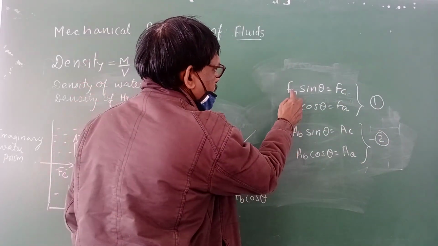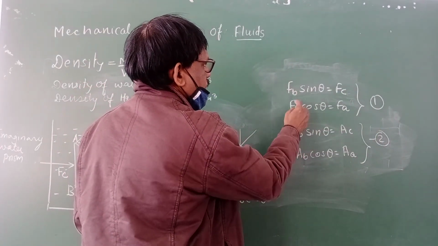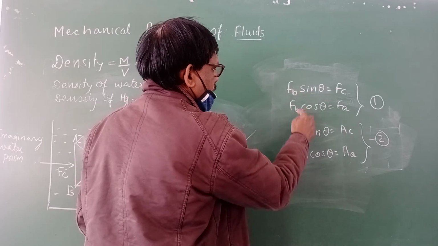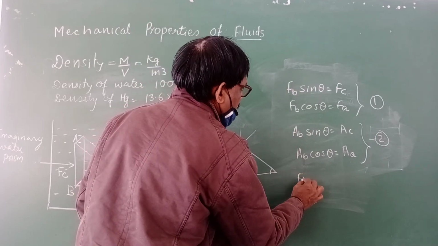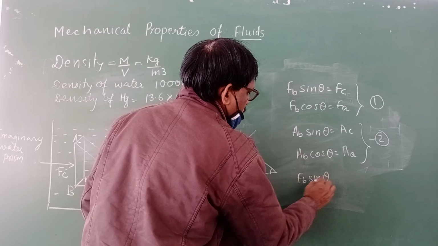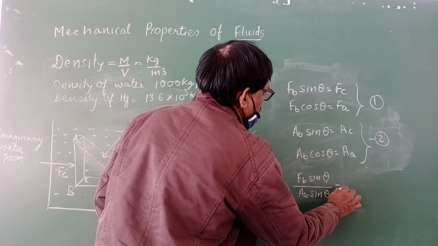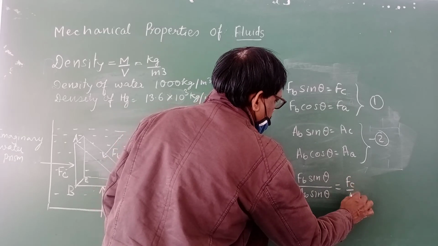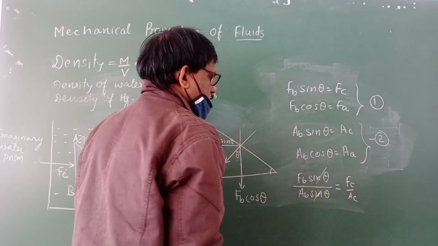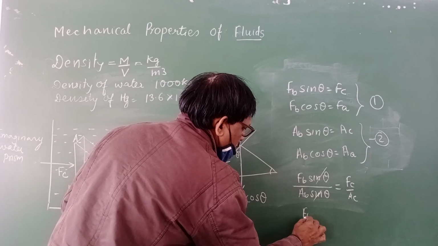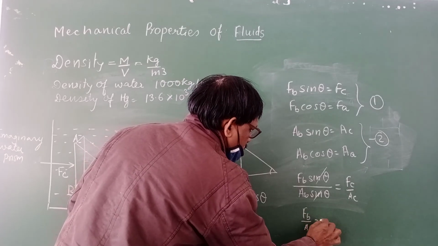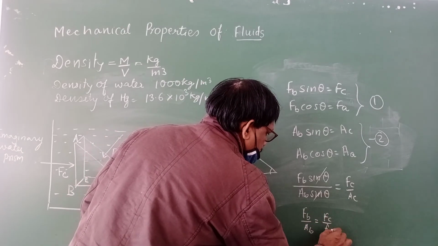So FB sin theta upon AB sin theta is equal to FC upon AC. Sin theta cancels. So it will be FB upon AB, which is equal to FC upon AC.